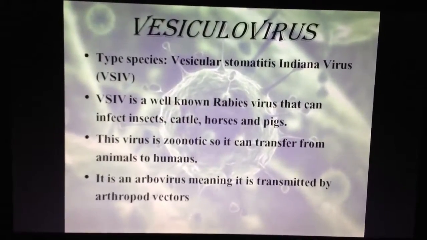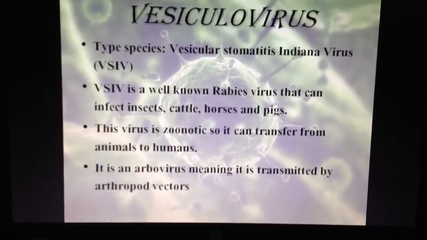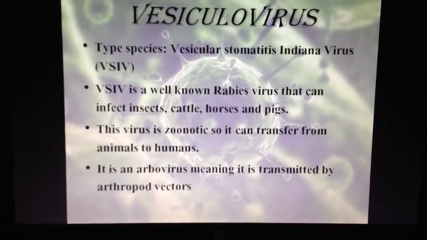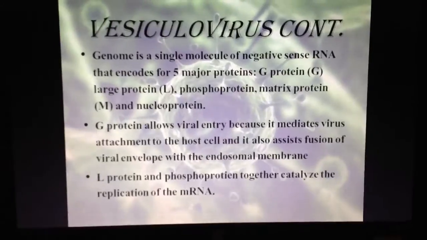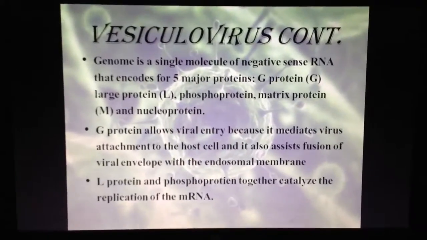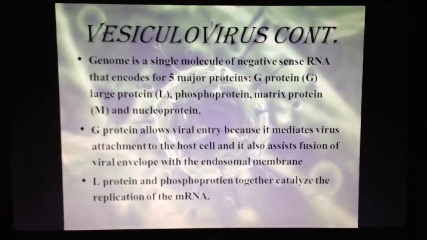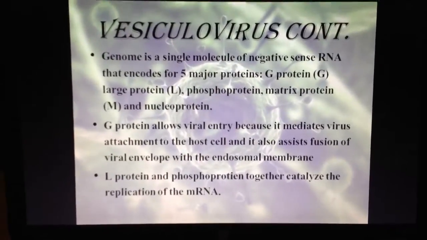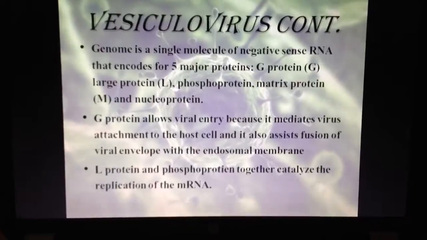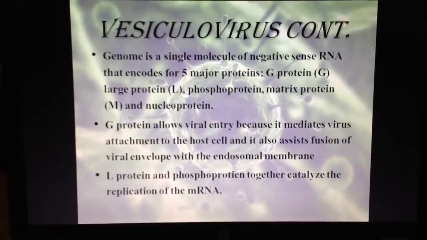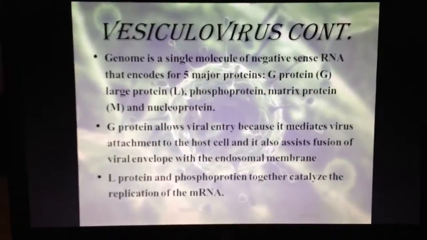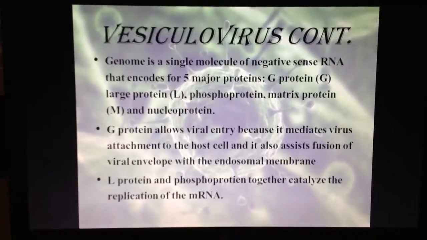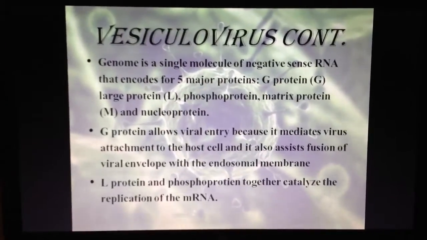It is an arbovirus, meaning it is transmitted by arthropod vectors. The genome is a single molecule of negative sense RNA that encodes for 5 major proteins: G protein, large protein, phosphoprotein, matrix protein, and nucleoprotein.